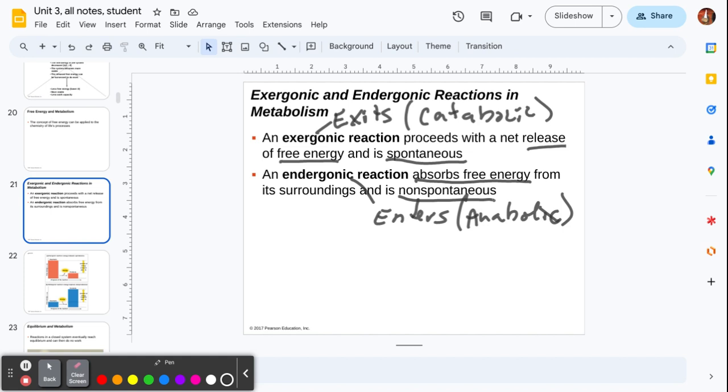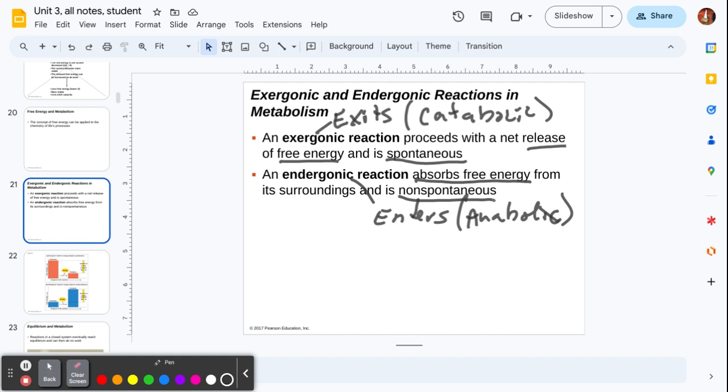So exergonic is like it always takes a long time? No, exergonic could be instantaneous as well, but it's going to have an enzyme to do that. It's still going to be spontaneous. It's always going to break down on its own, but you have to have that enzyme to make it fast.